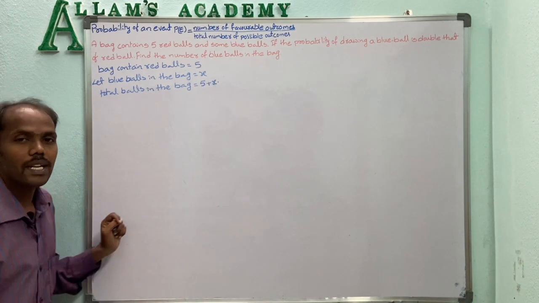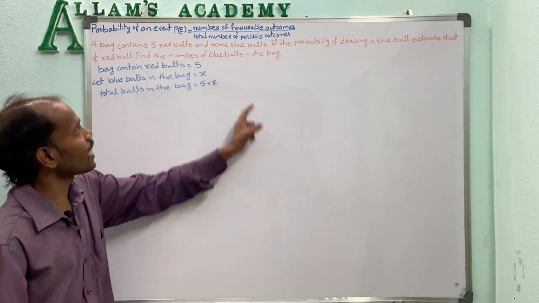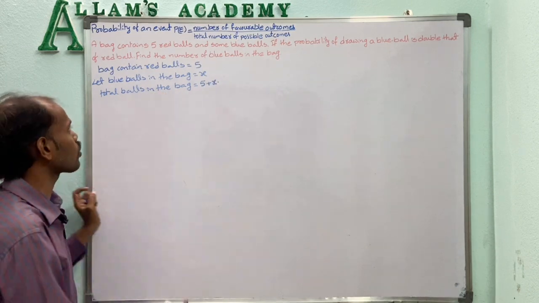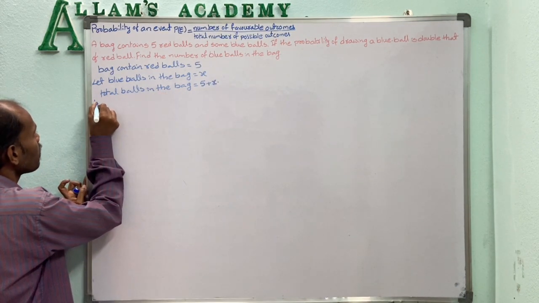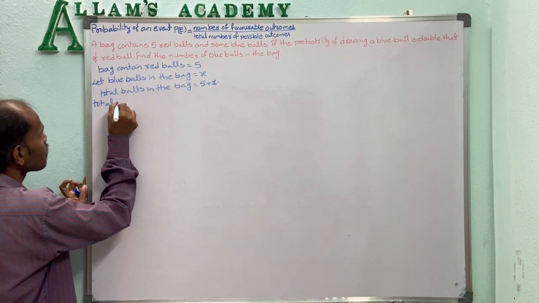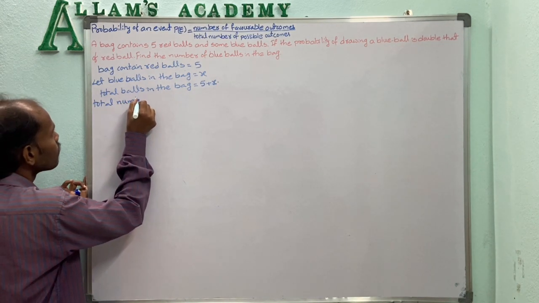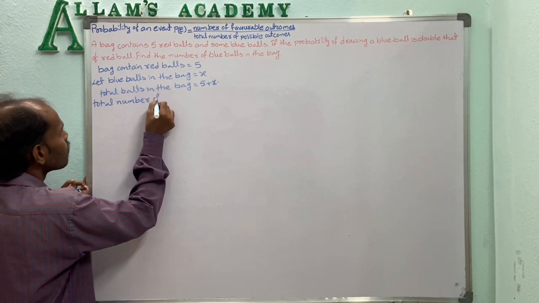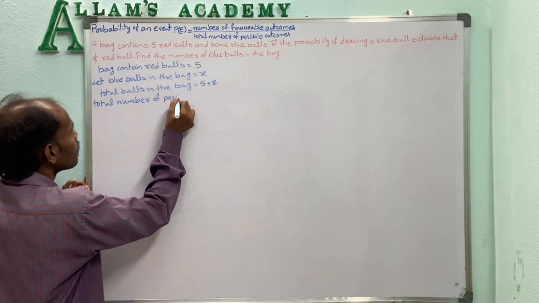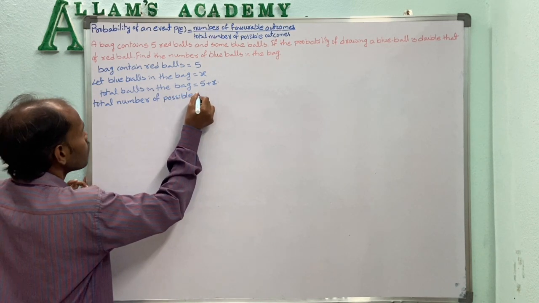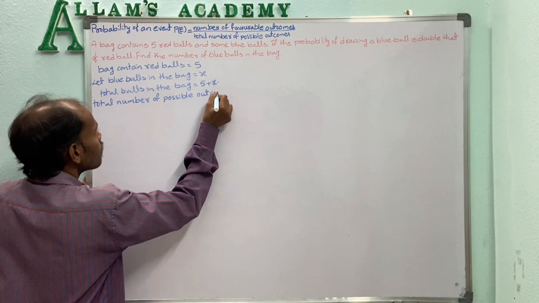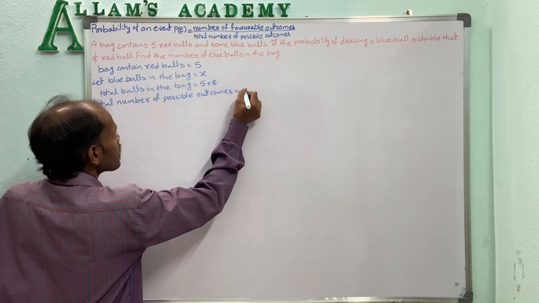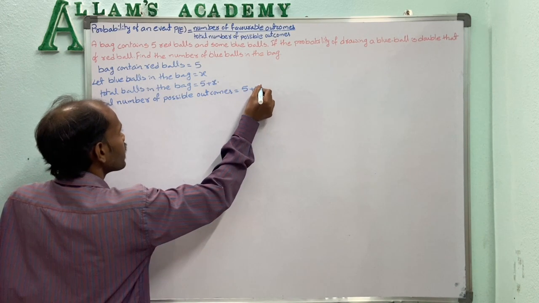Now this 5 plus x is nothing but the total number of possible outcomes. So the total number of possible outcomes is equal to 5 plus x.